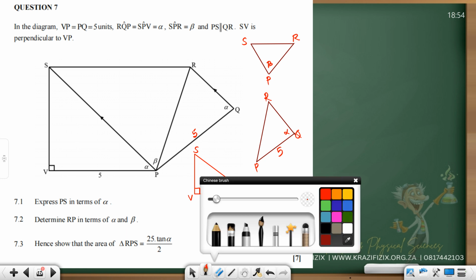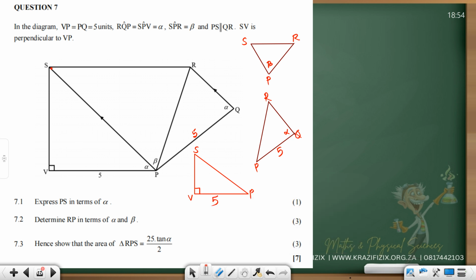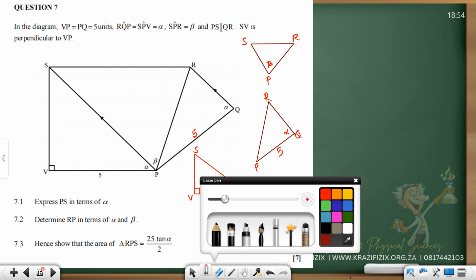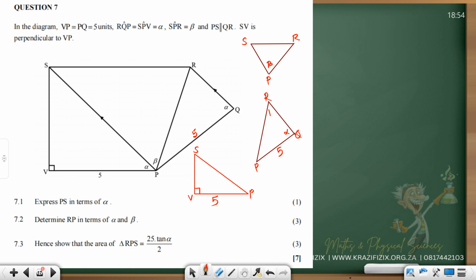Now, quickly, let's look at those parallel lines. I like to analyze before I even start. If I have parallel lines, check here. Oh, alternate angles. By quick observation, do we agree that they're alternate? All right, so R is equal to, maybe that will help us along the way.